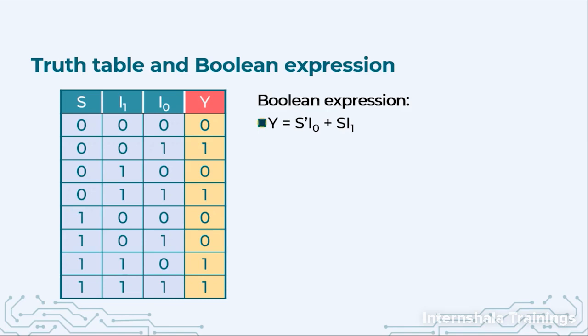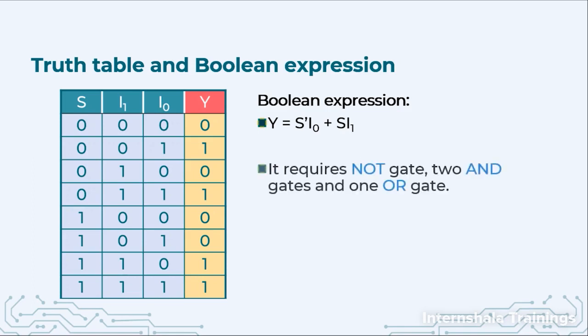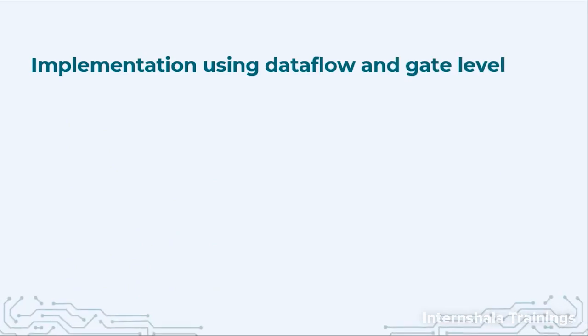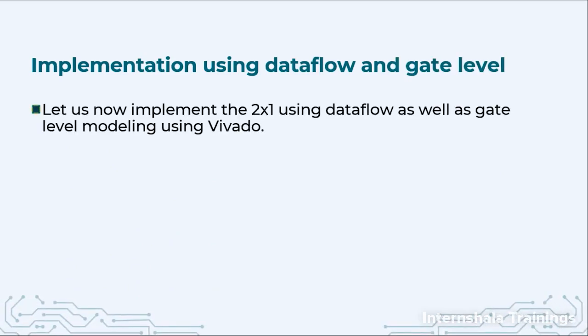That means when S is 0, I0 is selected, and when S is 1, I1 is selected. So if we want to implement it, we can do it using one NOT gate, two AND gates, and one OR gate. So now we are going to implement this multiplexer using data flow as well as gate level modeling on Vivado.